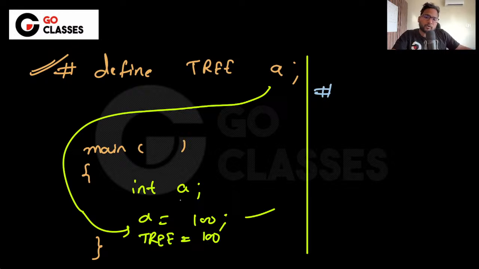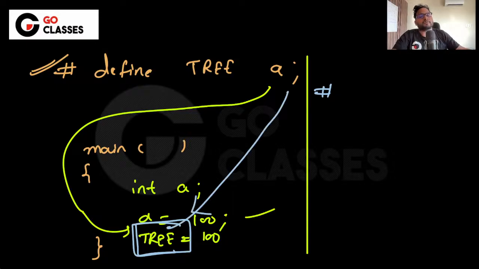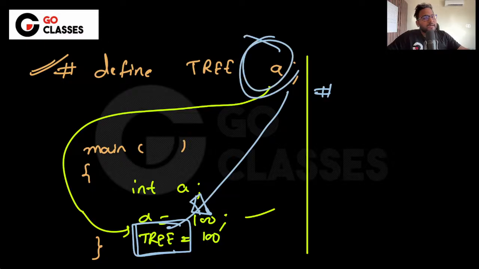If I want to use tree on the left, then I can hash define tree as a variable also. What I'm saying is that if you're using a variable here, then you can use tree on the left. Tree can also be hash defined. This is my point.